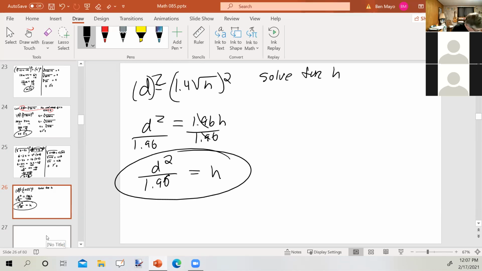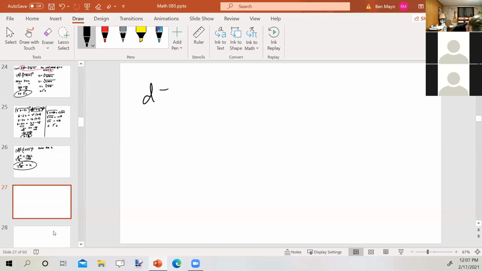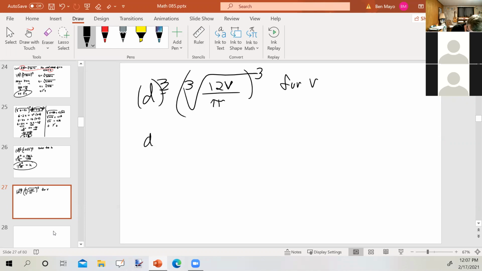Okay, let's take a look at another one. D equals the cube root of 12v over pi, and we're supposed to solve for v. Okay, now, again, the radical is isolated. So I'm going to cube both sides. On the left, I get d cubed. On the right, I get 12v divided by pi.